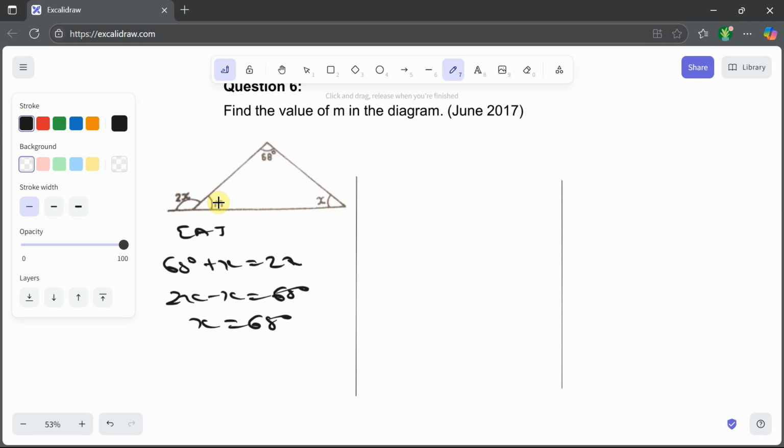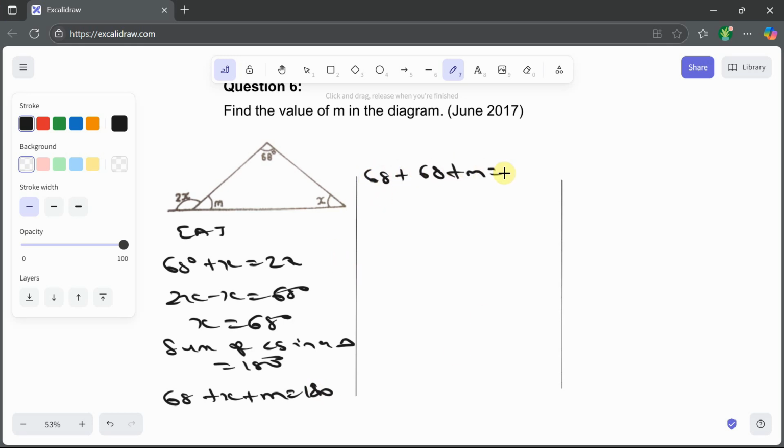How can we find the value of m? I could just say 68 plus x plus m is equal to 180 degrees. Let's do that. We know that the sum of angles in a triangle is equal to 180 degrees. So that will be 68 plus x plus m is equal to 180. If I substitute, that will be 68 plus 68 plus m is equal to 180 degrees.